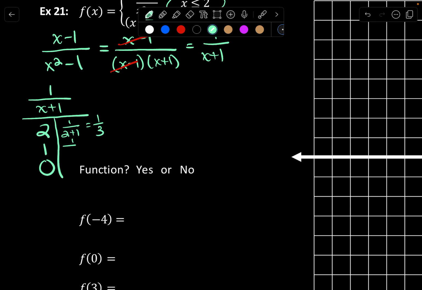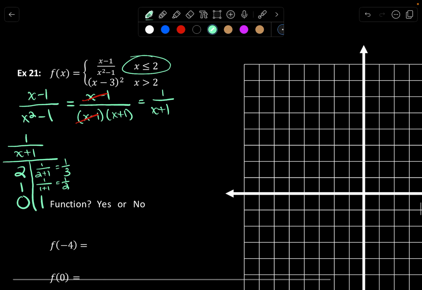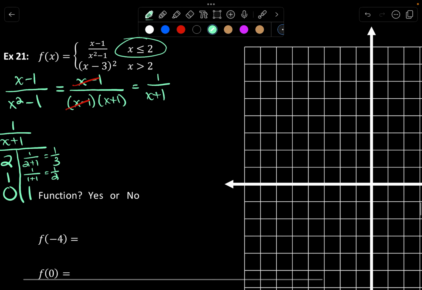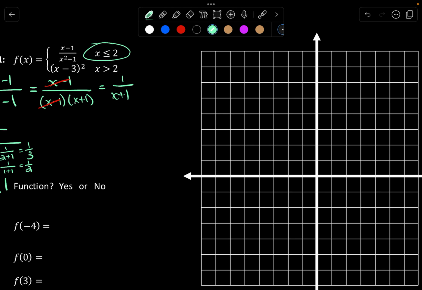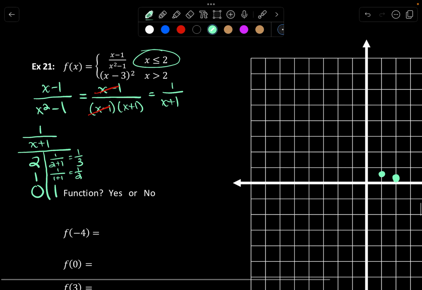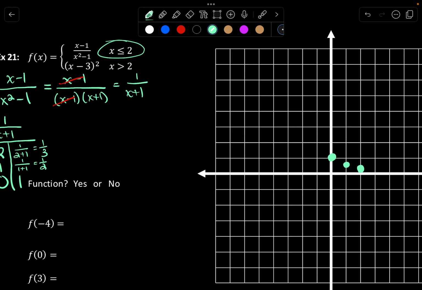And then 1 over 1 plus 1, which is 1/2. And then for 0, we just get 1. So this is when x is less than or equal to 2, so it'll be inclusive. So at 2, we'll be at 1/3. And then at 1, we'll be at 1/2. And then at 0, we will be at 1.